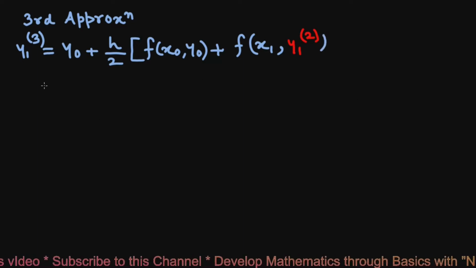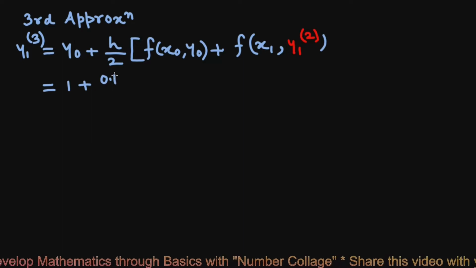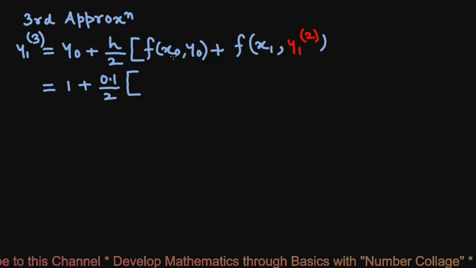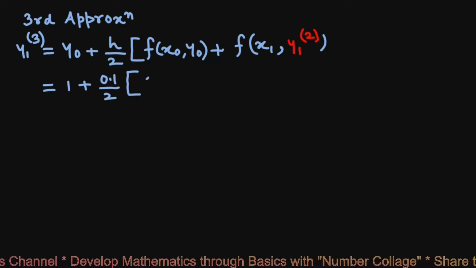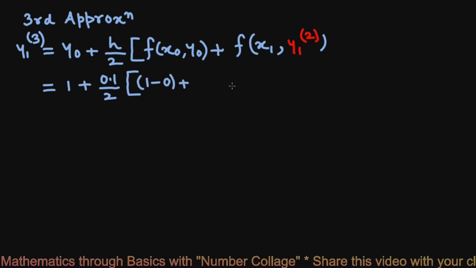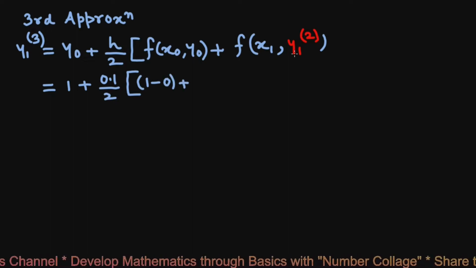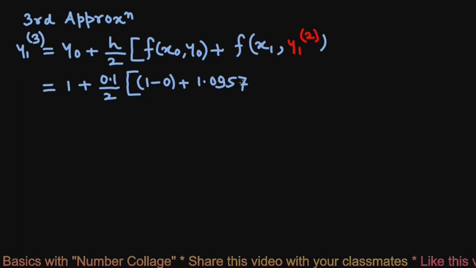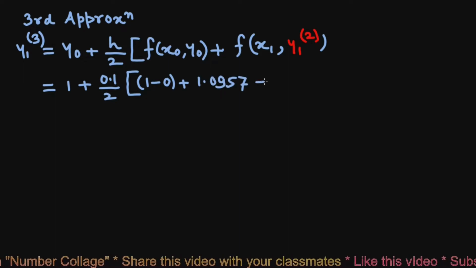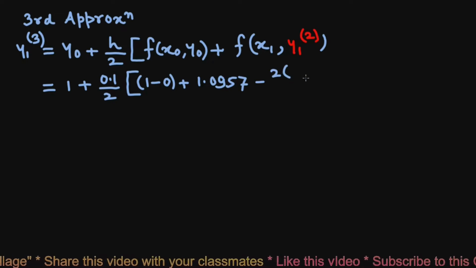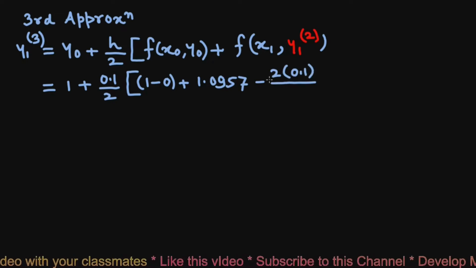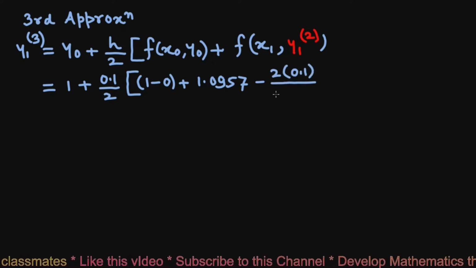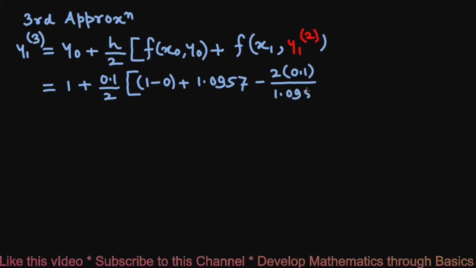So next we write 1 plus 0.1 upon 2 times [f(x0, y0), which is 1 minus 0, plus f(x1, y1^(2)), which will be 1.0957 minus 2 times x1 0.1 upon y1^(2) 1.0957].